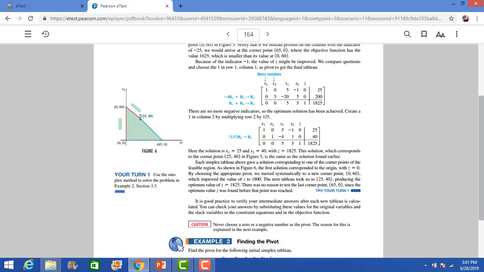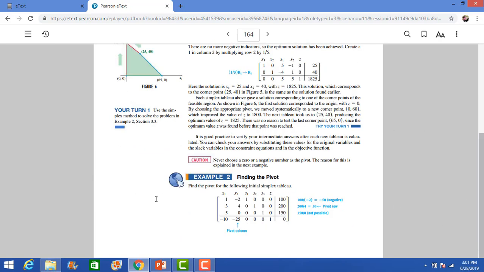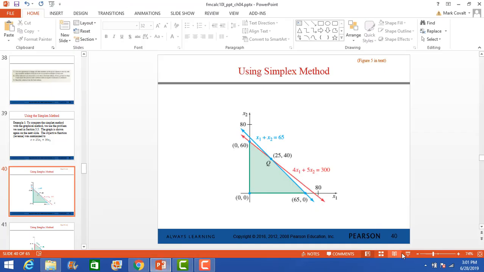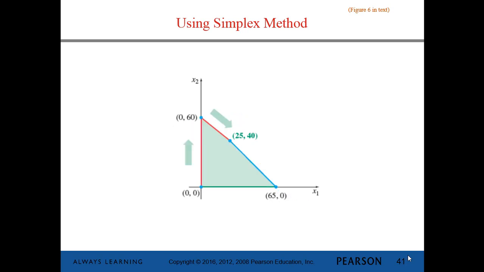And once it got to this corner, we were done because we reached the optimum value. Okay, so let's go back. Okay, so that's what's going on here.